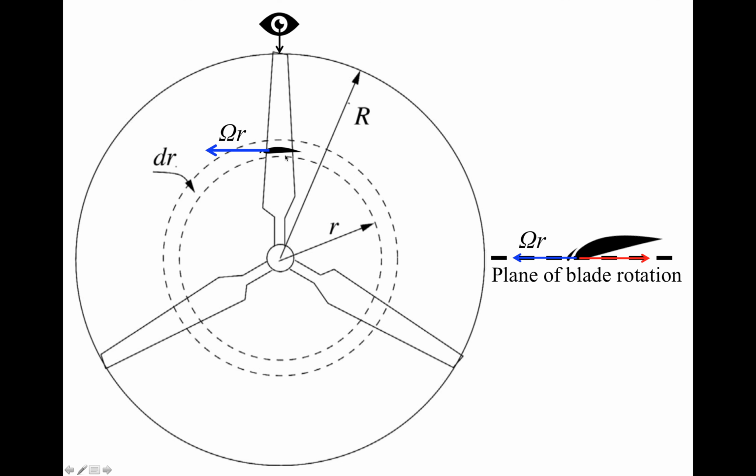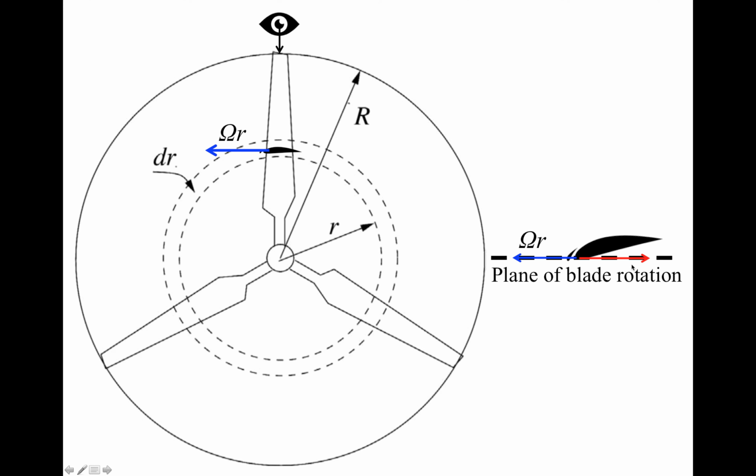The cross sections of the blades are going to appear as these airfoils. The linear speed of the airfoil is going to go this way, and so everything else is going to move in this direction, which is the negative of this omega r vector, the linear speed vector. So it's going to point in this direction.